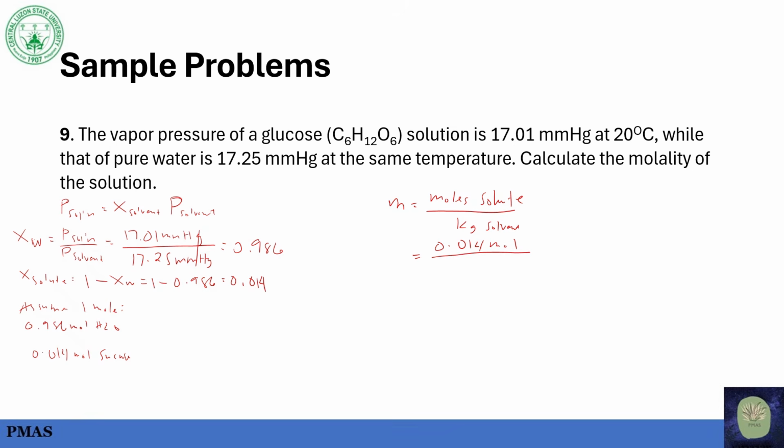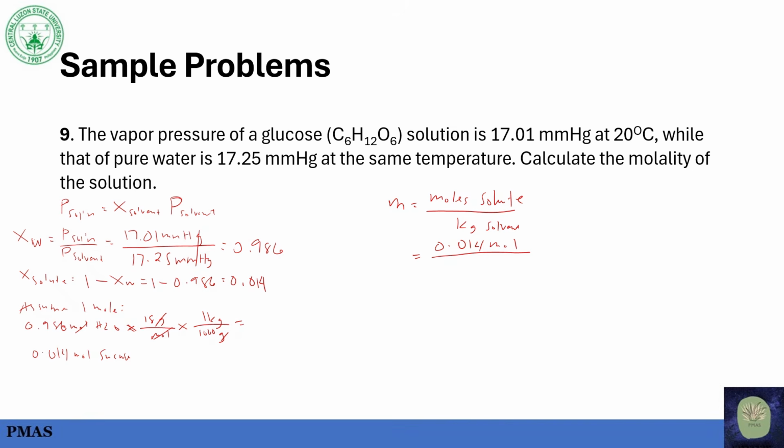Now we need to find the kilogram of solvent from the moles of water, 0.986. Let's convert it into mass using its molecular weight. Water is, let's say, 18 grams per mole. Cancel the mole, and then convert the grams into kilograms, where 1,000 grams equals 1 kilogram.